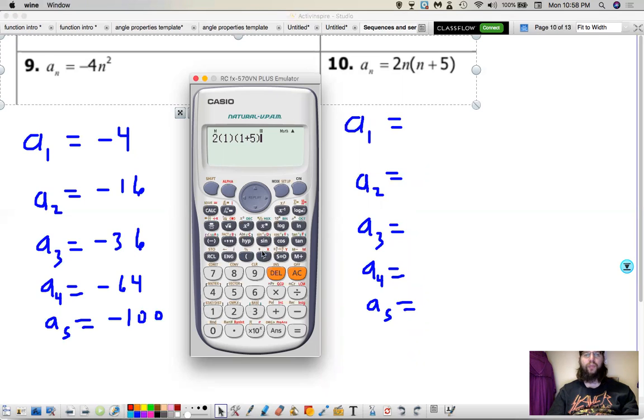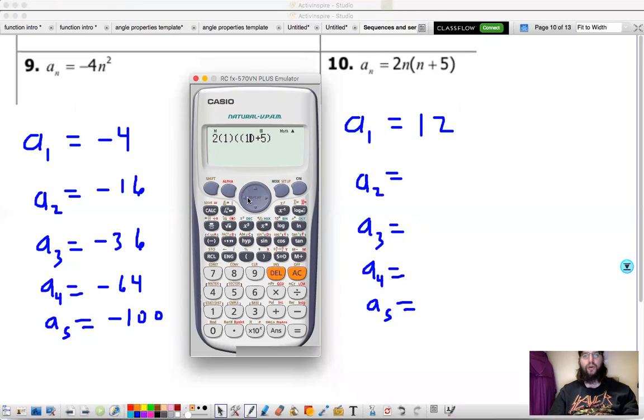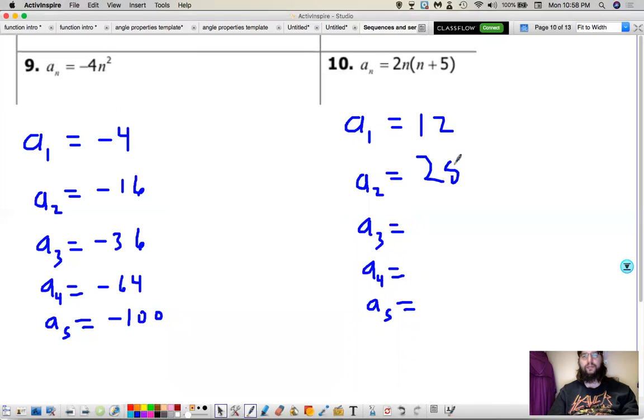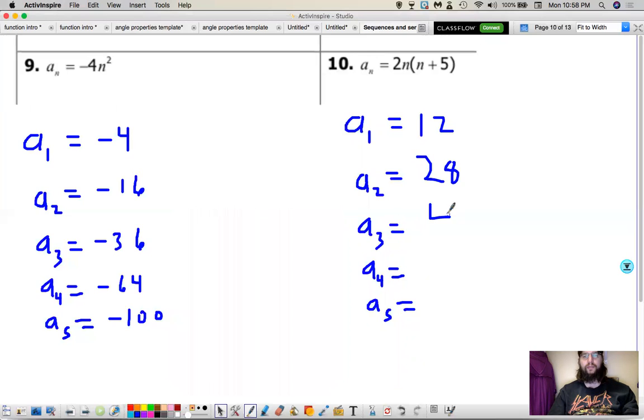Just remember to change both pieces. Go ahead and put both of them in parentheses. 3 times n plus 5. That's 12. Both of those 1s to 2s. 28. 2s to 3s. 48.